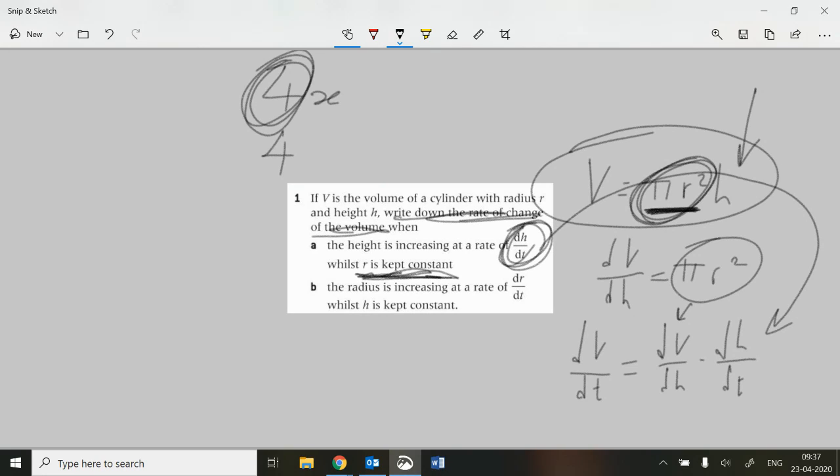Now dh/dt is talking about how quickly the height is changing with respect to time. So it could be, for example, how the height is changing when you're filling up a cylinder. So maybe the height is changing at 1 centimeter per second. So that would mean that for every second, the depth of this cylinder is increasing by 1 centimeter.